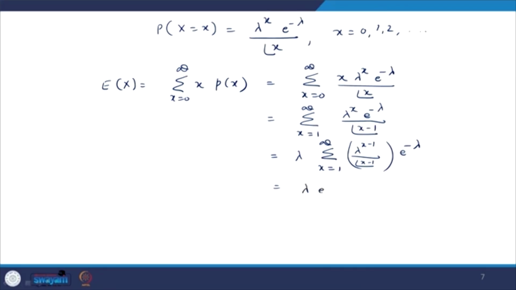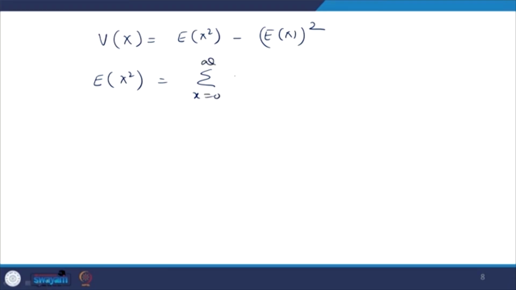So, it is lambda e raised to power minus lambda, and when x is 1 it is lambda raised to power 0 upon factorial 0. So, we can write x from 0 to infinity lambda raised to power x upon factorial x, and this value is nothing but e raised to power lambda. So, it is lambda into e raised to power minus lambda into e raised to power lambda, which is lambda. So, we can say that the mean of a random variable following Poisson distribution is lambda.